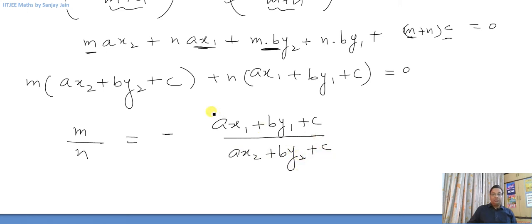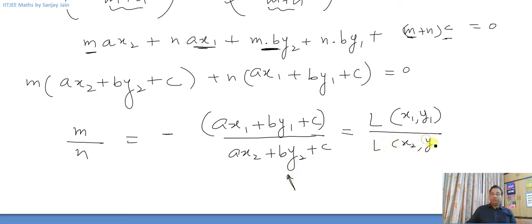So now the numerator is nothing but the line when we put the point x1 y1 in the line, right? And this is nothing but the point x2 y2 put in the line, right? And there is this negative sign here. Now see, m by n is equal to negative of this expression.